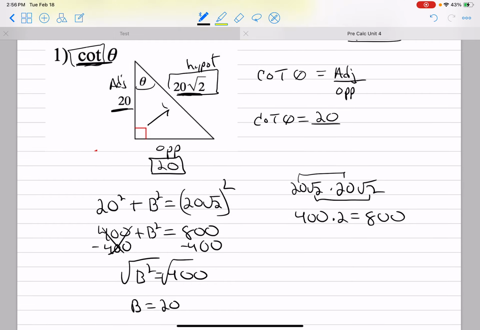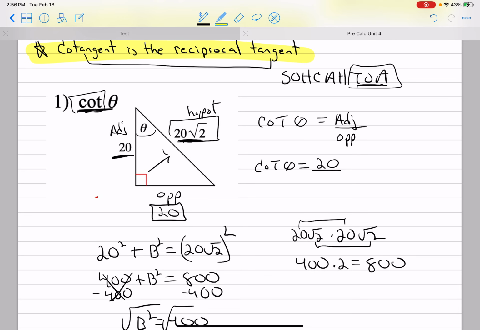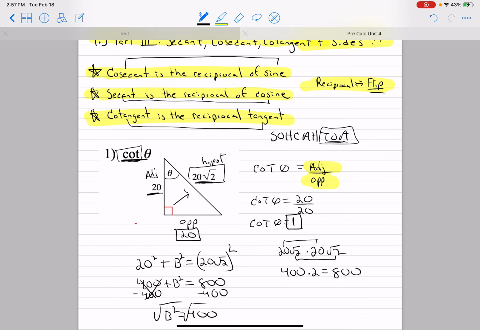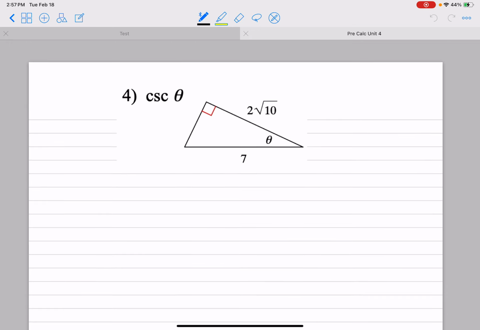Going back, it says cotangent. It told me to take the adjacent over the opposite. Well, the adjacent was 20 and the opposite is 20. So the cotangent of theta is 20 over 20, which is 1. Boom, boom, boom.